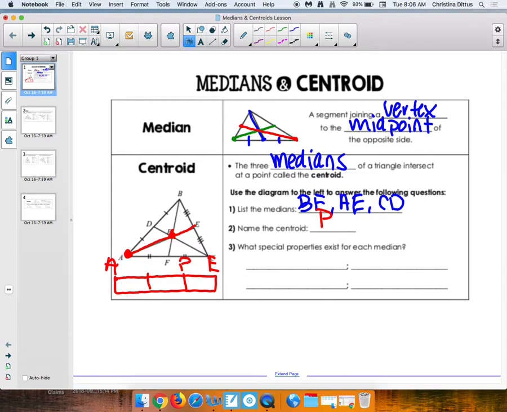If I'm looking at AP, the length of AP is 2/3 times the length of my whole line AE. Let's write vertex here, and then midpoint.